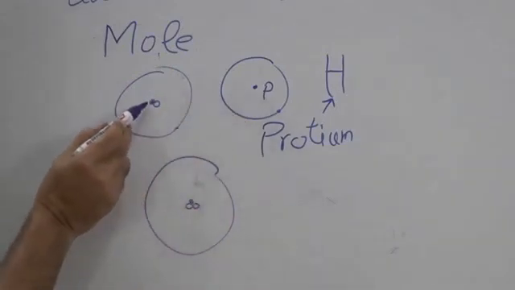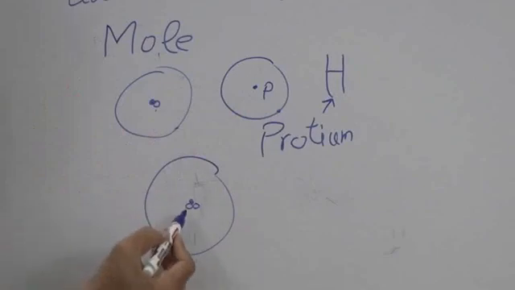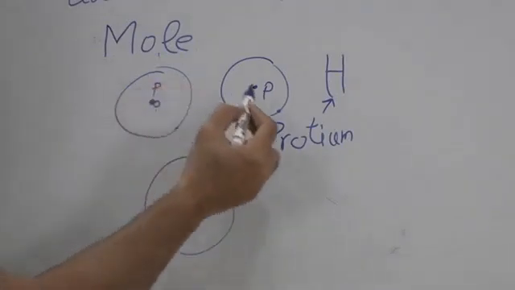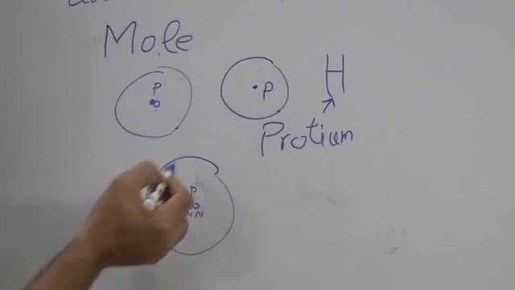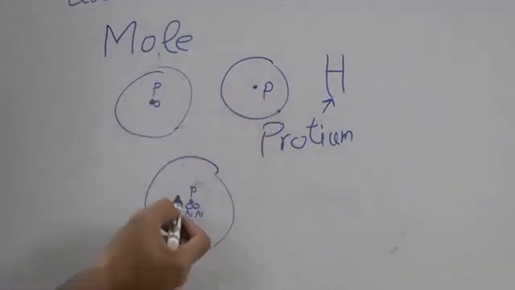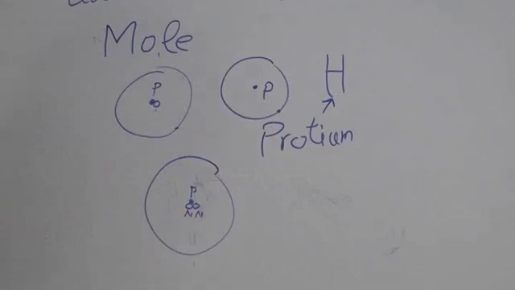In deuterium, 1 proton, 1 neutron. In tritium, 1 proton, 2 neutrons. The number of protons is the same, that is why this is the same element. If the number of protons changes, then a different element is formed.